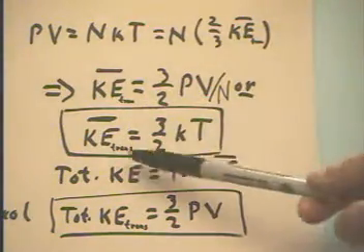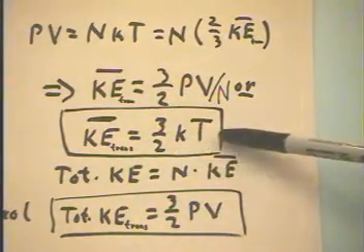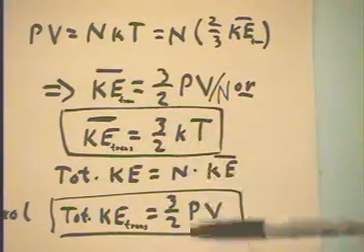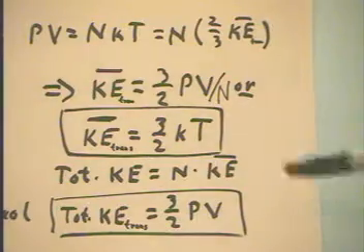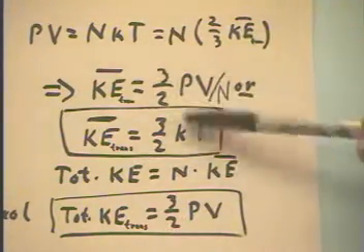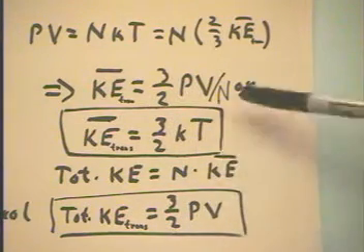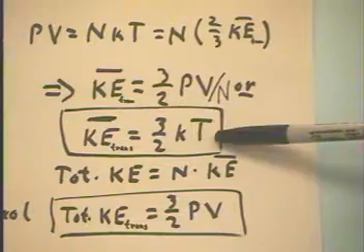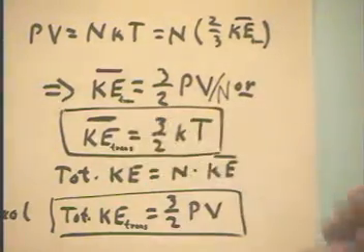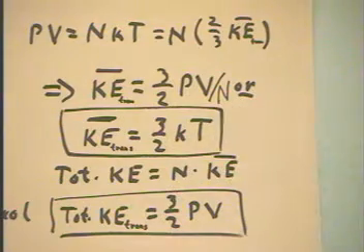This allows us to determine the average translational kinetic energy of a molecule if we just know the temperature, because K is that universal constant, 1.38 times 10 to the negative 23rd joules per particle Kelvin. Okay, given T then, we can get the average kinetic energy of a molecule.